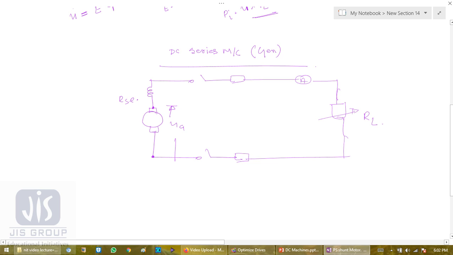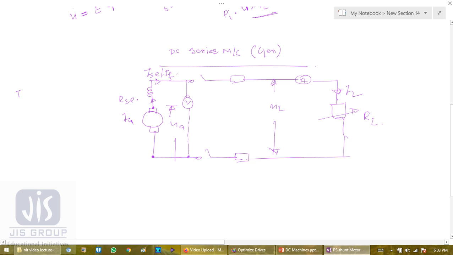Okay, so I will connect a voltmeter here, and this is my UL, this is my IL, this is my IA, this is the DC series field current, or we can write IF also.